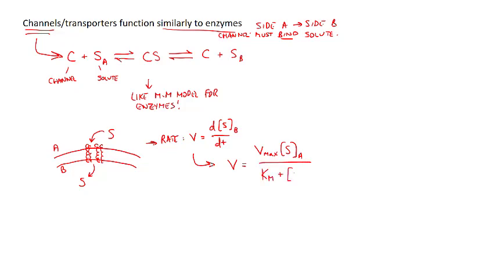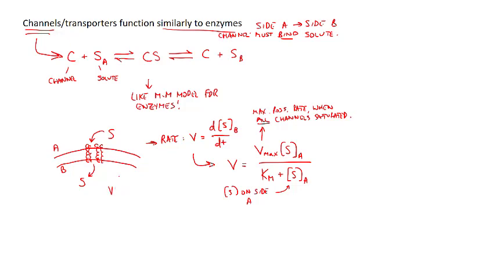Right? So we have the concentration of S on side A because that's where the solute must first bind to the transporter. The Vmax is the maximum possible rate, which is what you see when all of the channels are saturated.